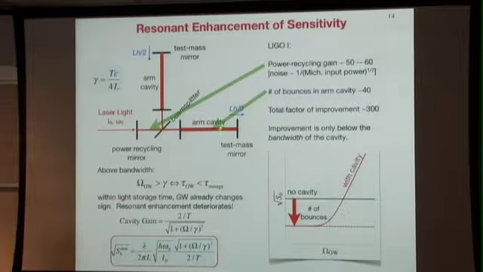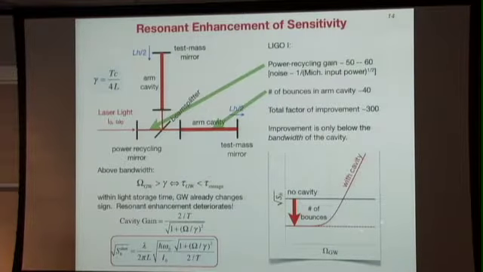For frequencies below the so-called bandwidth of the cavity, the 40 bounces is just 40 times of improvement in amplitude sensitivity. So the naive picture on the right-hand side is the following: you take the square root of this number, then you multiply by 40, and you get roughly 300. That is the naive amplification.